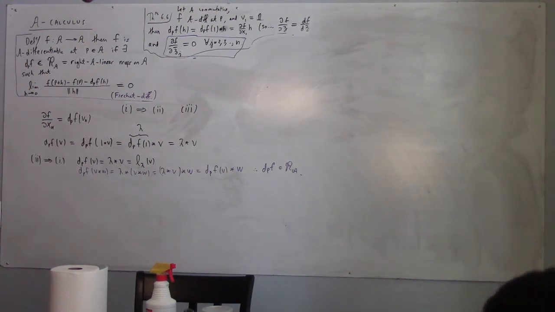And then 3: for any basis beta of A, the matrix of the differential with respect to the basis beta is an element of the regular representation of A with respect to the basis beta.